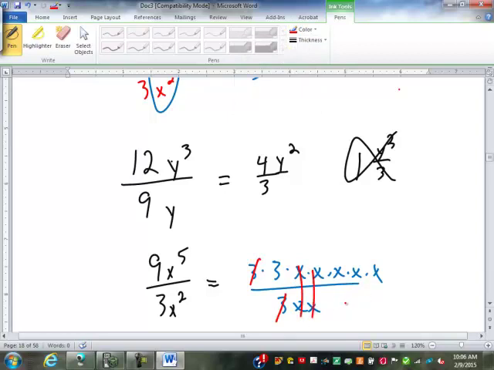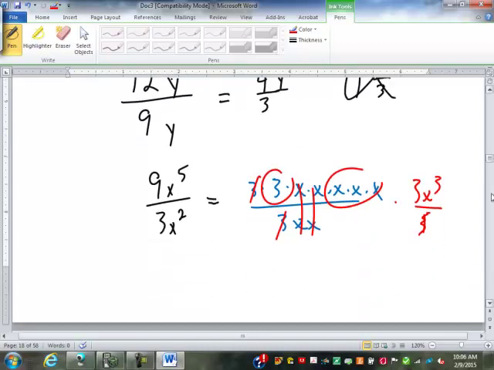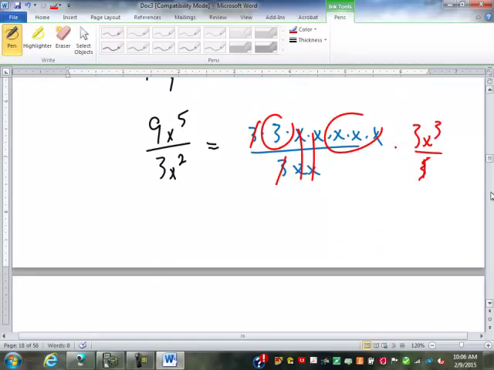Everything on the bottom is gone. So this is 3 times x to the 3rd. You can put it over 1, but you don't have to have the 1. Anything over 1 is just itself, just like 7 over 1 is just 7. So even that isn't affected when the variables are there. It's just if there is anything other than 1 down here, you can't split it up.